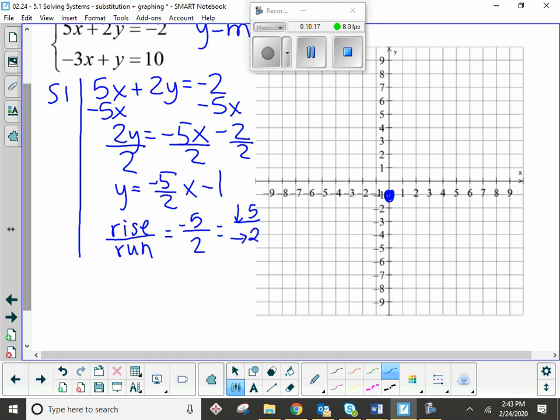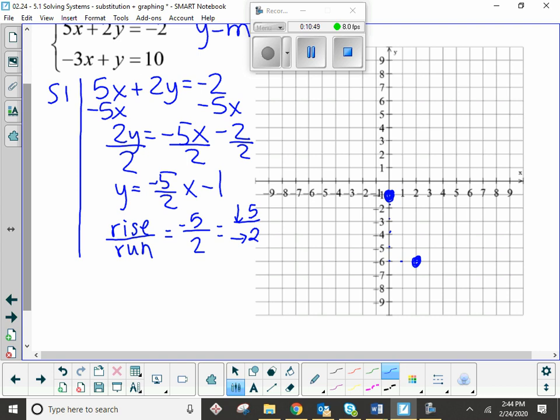And where do you start from, this point or the 0, 0? Where do you start from? Do you remember? Not the 0, 0. You want to start from your y-intercept, from any point on the line. So starting here, at my y-intercept, I'm going to go down 5, right 2. And now I have 2 points, I can draw my line.